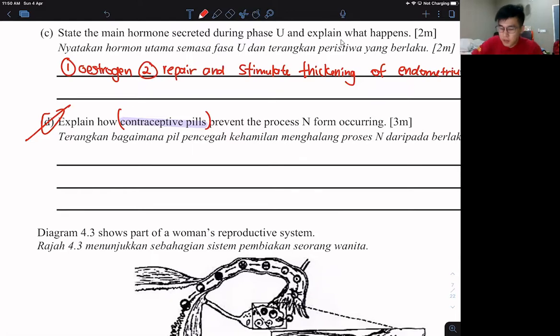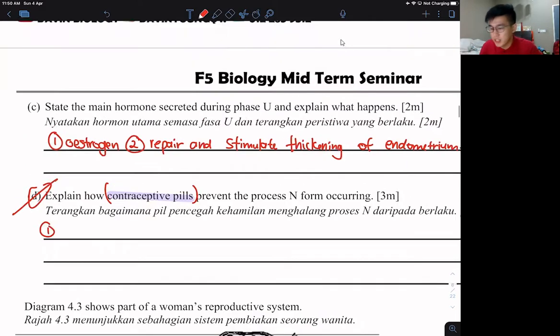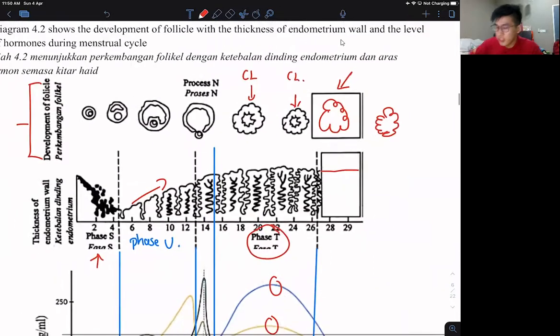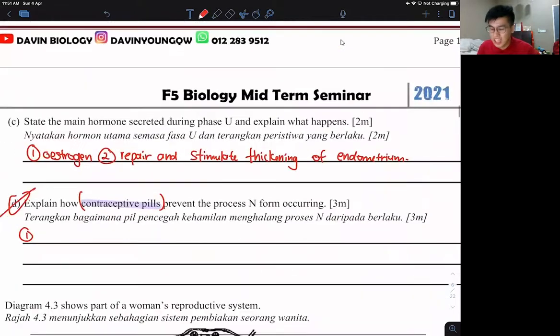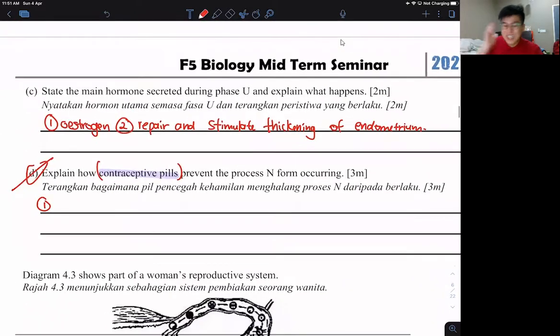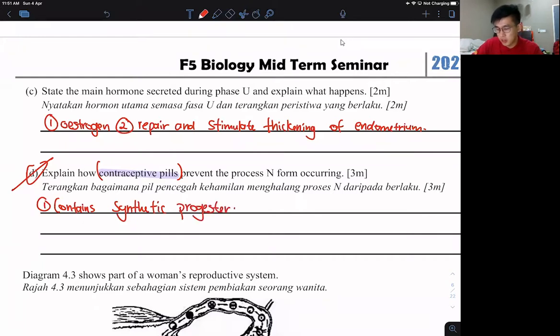So how does it prevent process N? Process N is ovulation. The contraceptive pill actually prevents ovulation. When there's no ovulation, it means no secondary oocyte. No secondary oocyte means no fertilization. So they're asking us how. Now remember, inside the contraceptive pill actually contains what we call synthetic progesterone, meaning artificial progesterone.